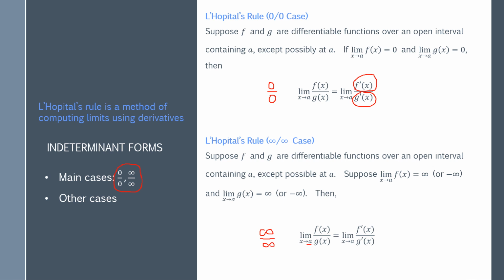If that is the case, all we need to do is take the derivative of f and then the derivative of g, take that ratio and then find the limit as x approaches a. All of that will make a lot more sense once we actually take a look at the examples.